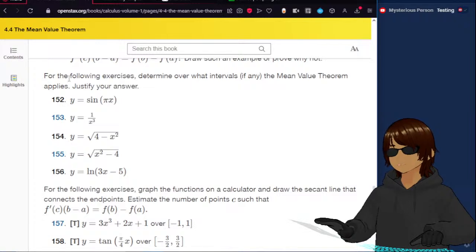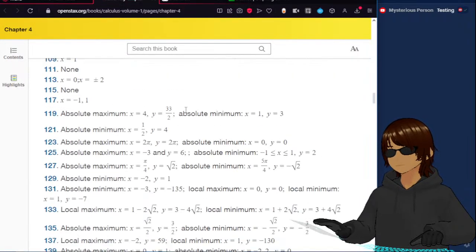For the following exercises, determine over what intervals, if any, the mean value theorem applies. Isn't it all intervals?